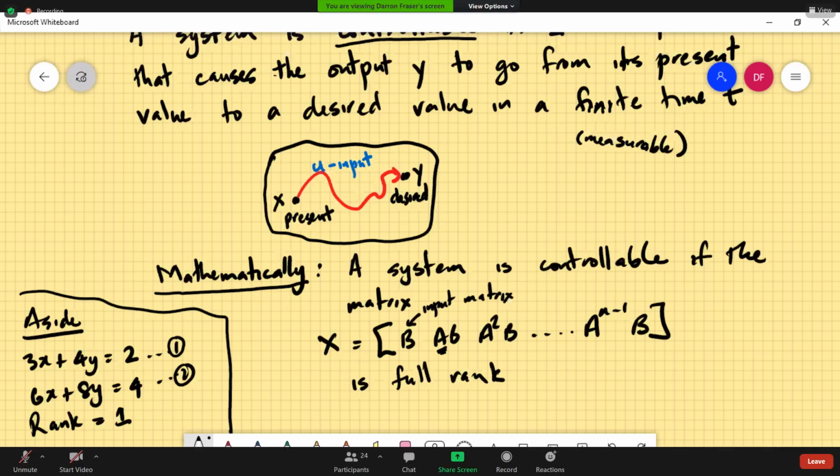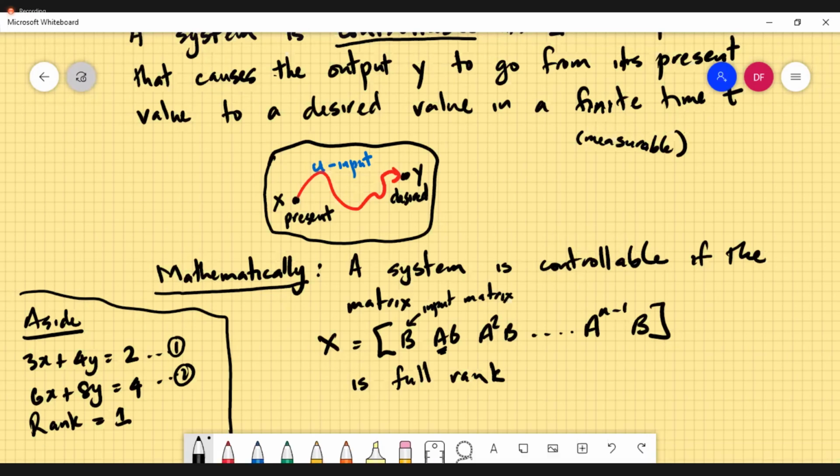So the system must be able to be solved. Like I said, I'll leave it for when you're doing your master's and PhD in control. All I'm saying is that what we mean by full rank is that you must be able to solve the system.